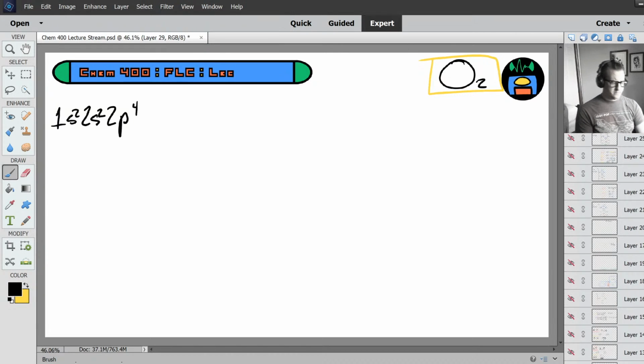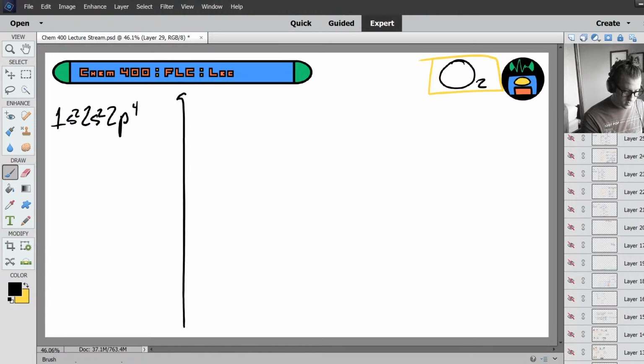All right? Yes, because it's one more than nitrogen. So we've got energy on our y-axis, starting down low with our 1s, followed by our 2s, followed by our 2p.